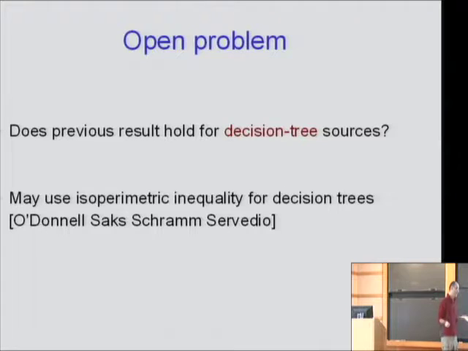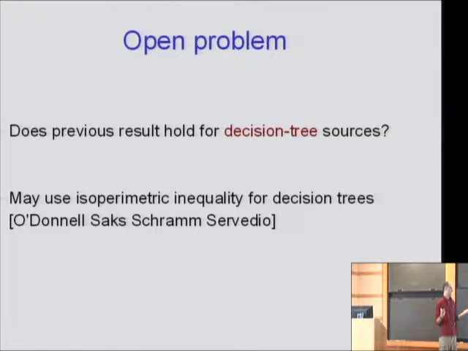One major ingredient before was the use of this isoperimetric inequality. In fact, there is one which works just as fine for decision trees. It's a very nice result, by O'Donnell, Saks, Schramm, and Servedio. So what goes wrong? At the beginning, you fix these bits which have high degree and throw them away; you can do that for local sources.